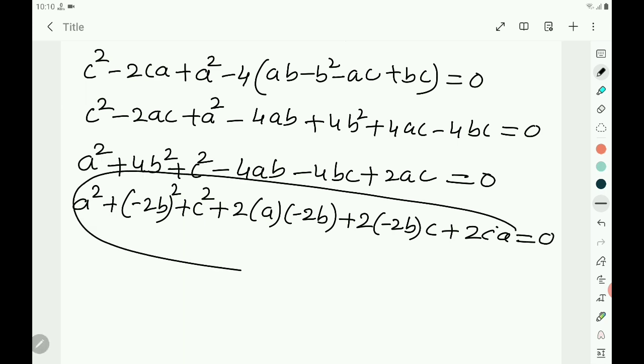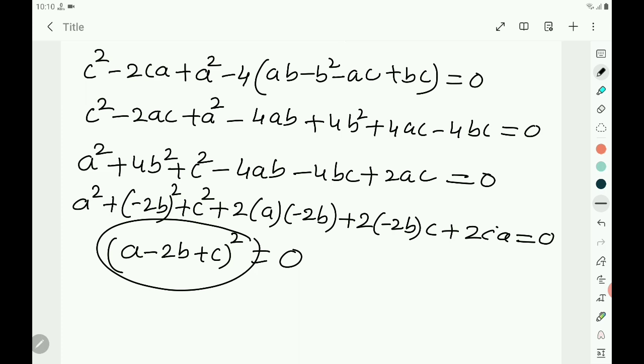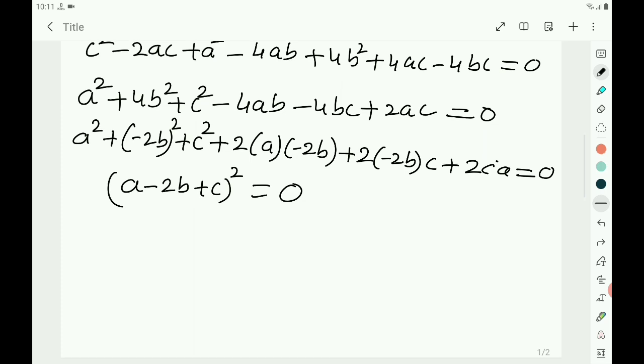So this is the expansion of what? (a minus 2b plus c) whole square equals 0. This is the expansion of (a minus 2b plus c) whole square, which is the identity learnt in 9th standard. We have to use that concept here, otherwise you can't get the result.